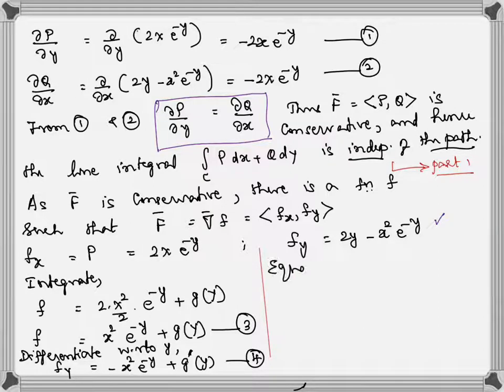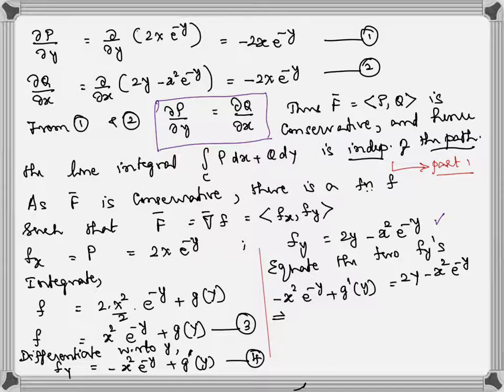If we equate the two fy's, we get negative x squared e to the negative y plus g prime of y equal to 2y minus x squared e to the negative y. So we get g prime of y equal to 2y. Integrating this with respect to y, you get 2y squared over 2 plus a constant.